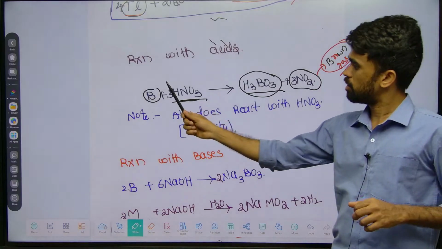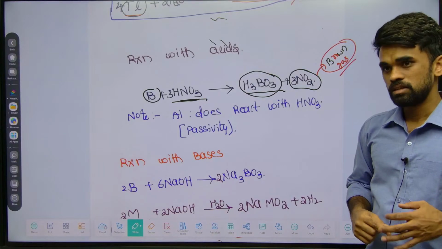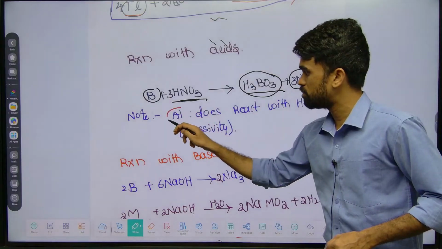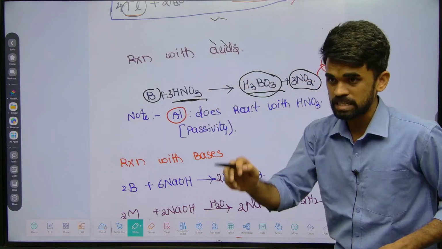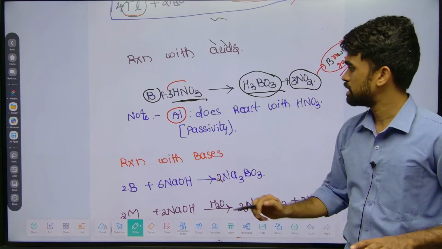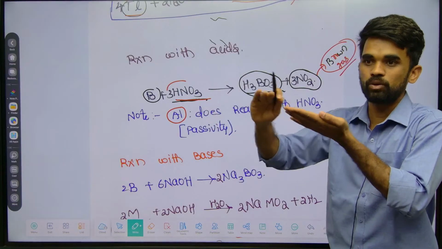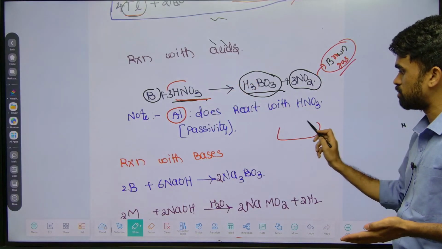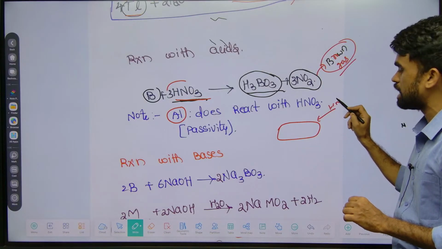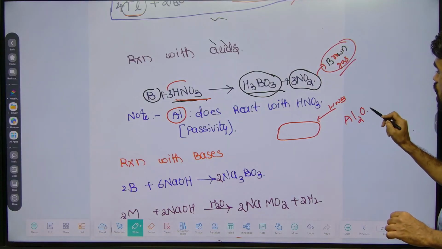Even boron reacts with other acids also, sulfuric acid, HCl, all those things. Here aluminium reacts with acids but does not react with nitric acid. Why does it not react? Because when aluminium is exposed to HNO3, it will form a protective layer. If this is an aluminium sheet, when it is exposed to nitric acid, it will form an Al2O3 type of oxide layer.